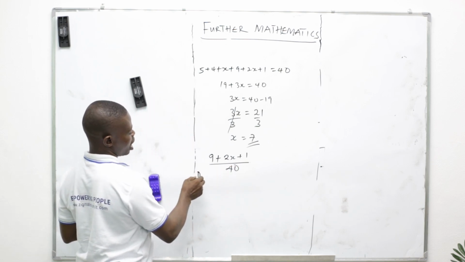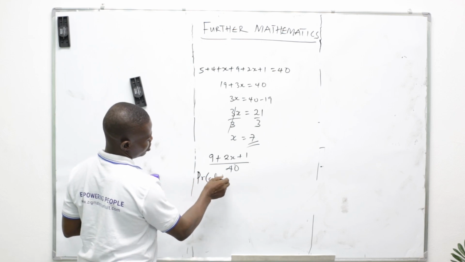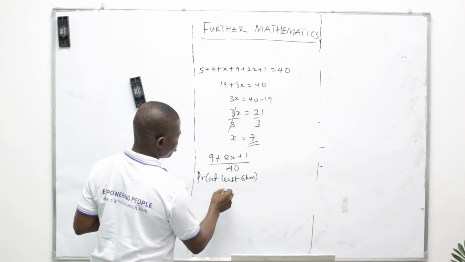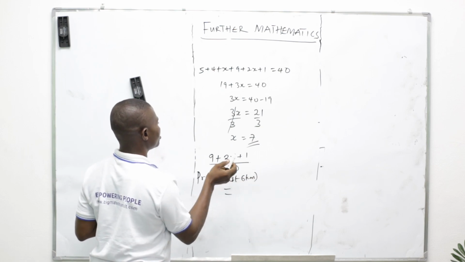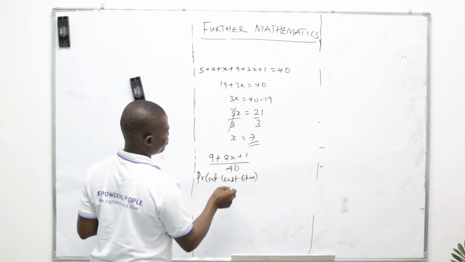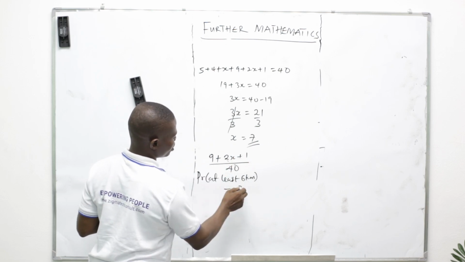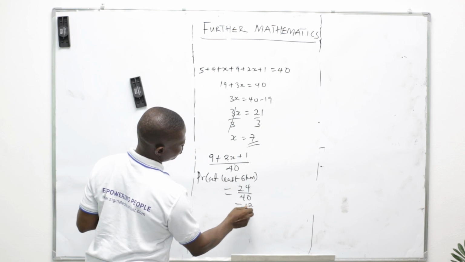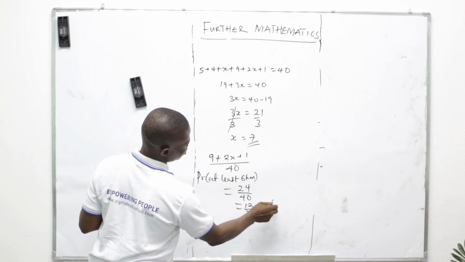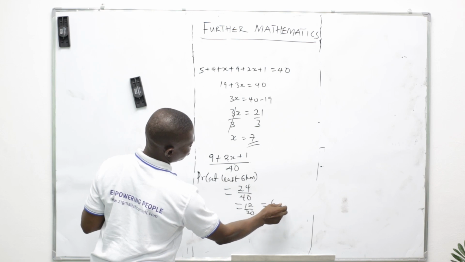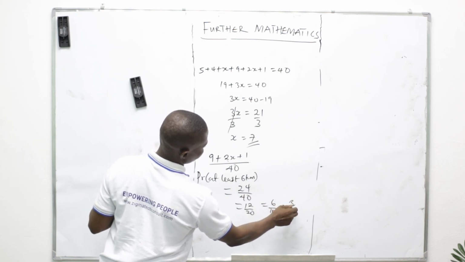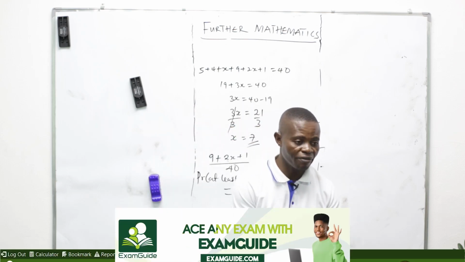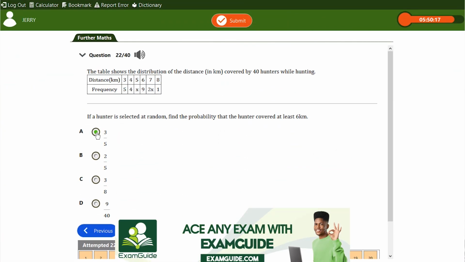So the probability of at least 6 kilometers will give us, what is s? 7. 2 times 7, 14. That's 24 all over 40. 2 here is 12, 2 here is 20, 2 here 6, 2 here 10, 2 here 3, 2 here 5. The probability is what? 3 all over 5. 3 over 5.